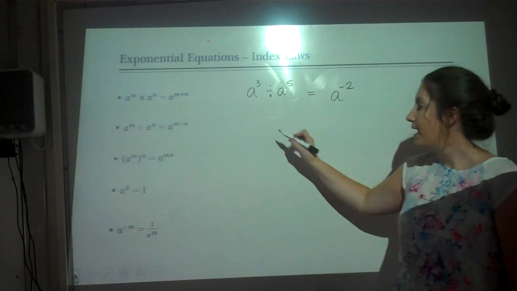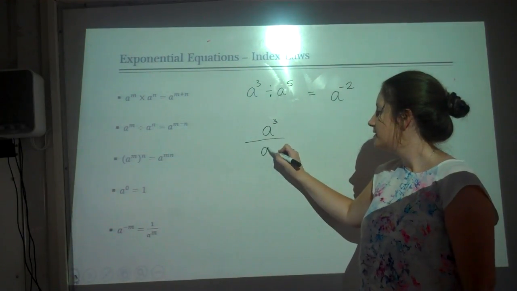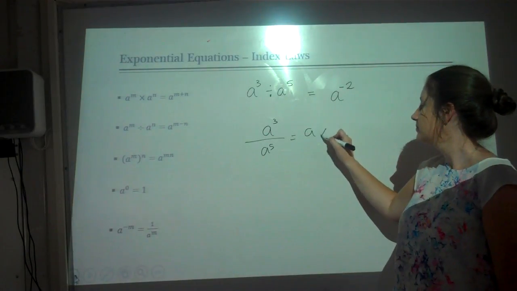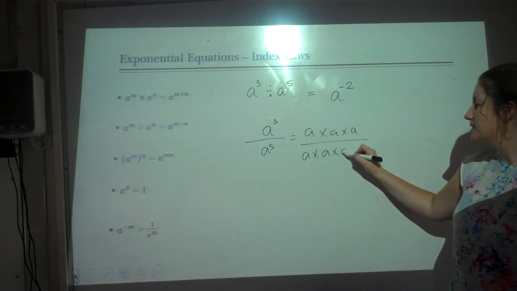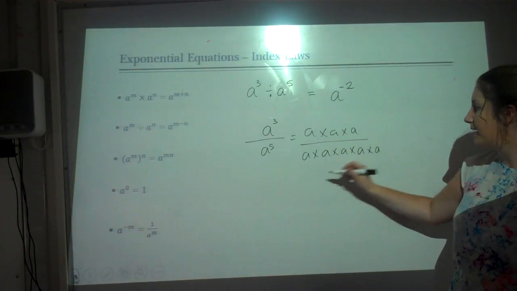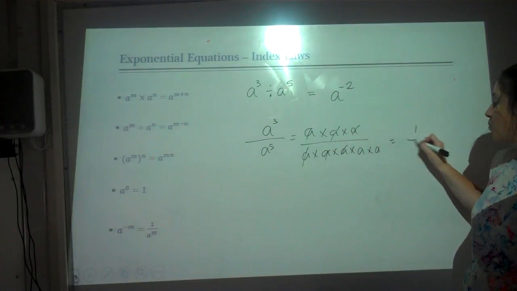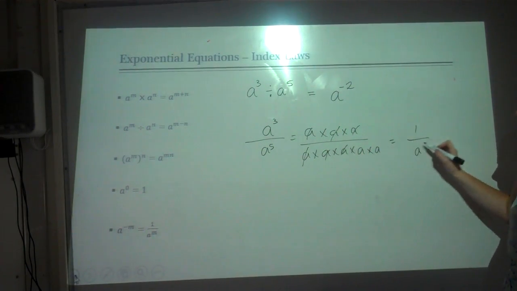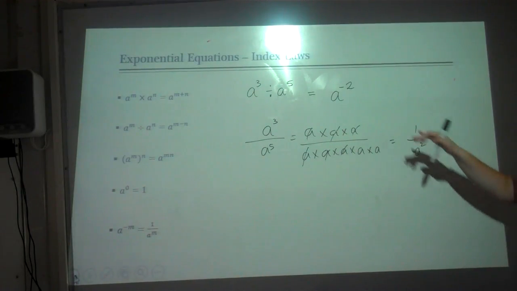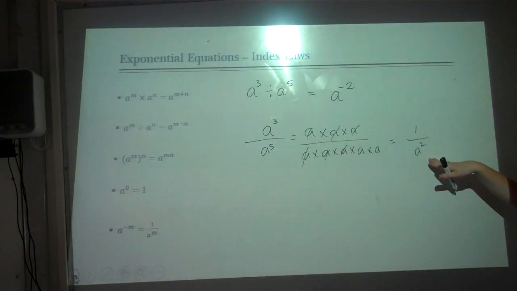If I then look at our other way of looking at it, we write it as a fraction. We write it in expanded form, and I cancel like I was doing earlier. What I'm left with is just 1 in the numerator. In the denominator, I have a times a, which is a squared. So we're showing that a to the power of negative 2 is equal to 1 over a squared.